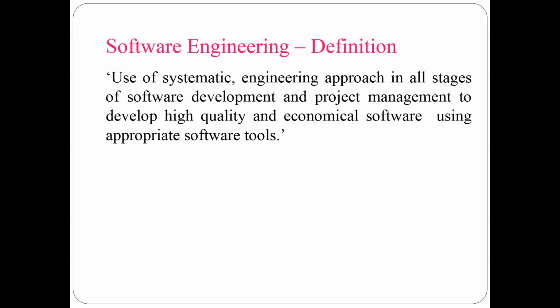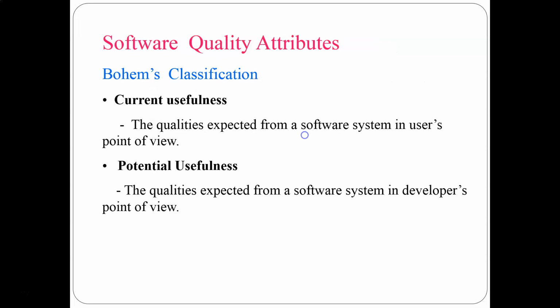I'm not going to discuss all of it. This is how we can define software engineering: use of a systematic engineering approach in all stages of software development and project management to develop high quality and economical software using appropriate software tools.